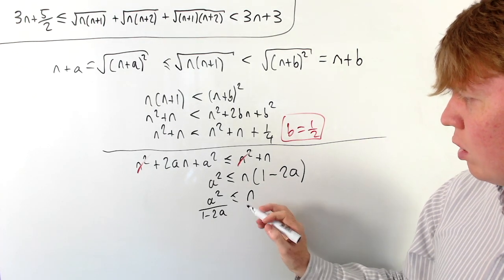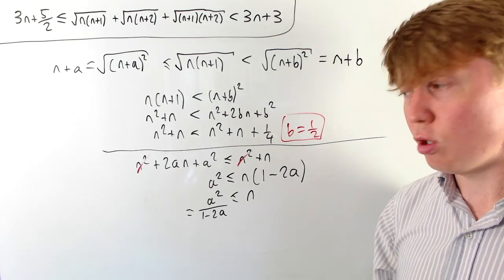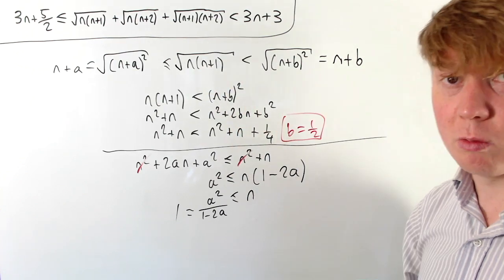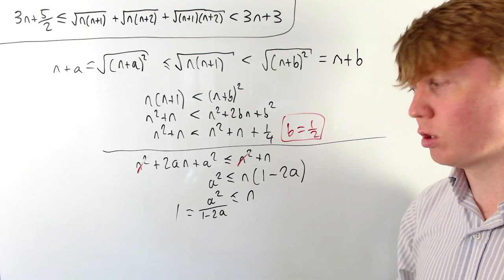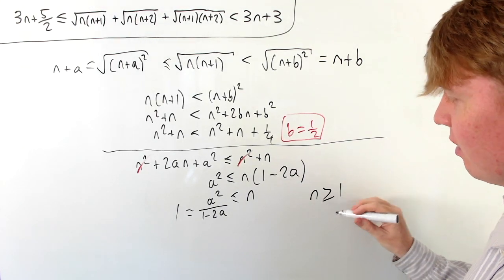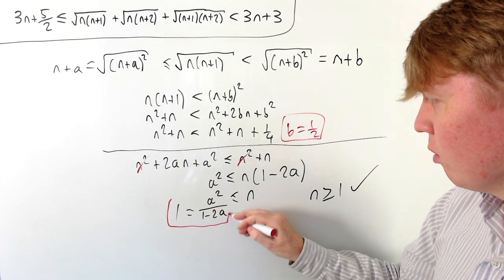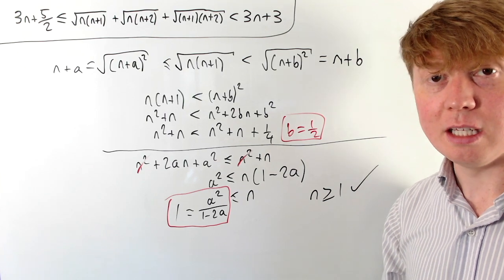And actually we could try and choose a value of a now, so that a squared over (1 - 2a) is just equal to 1. Because we know from this problem we're working with positive integers, so n is always going to be greater than or equal to 1. So can we try and find the value of a so that a squared over (1 - 2a) is indeed equal to 1?